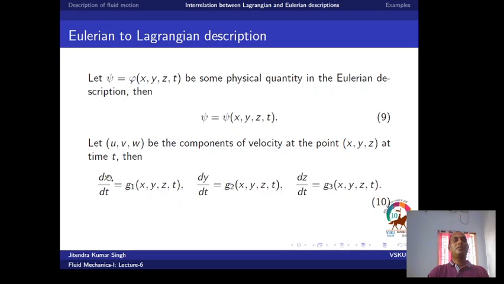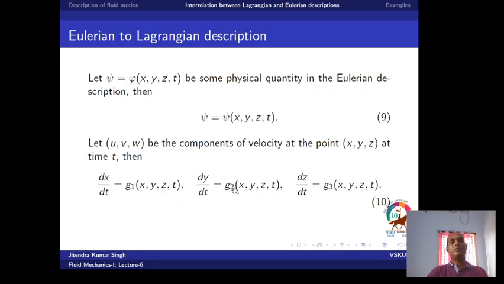And so we can write u equal to dx by dt, and this will be some function g1 of x, y, z, t, because this is in the spatial description.